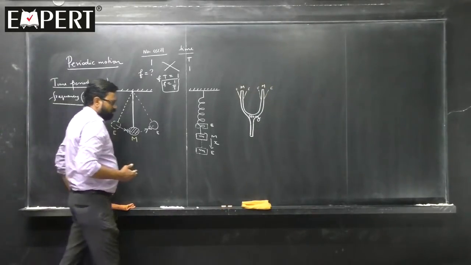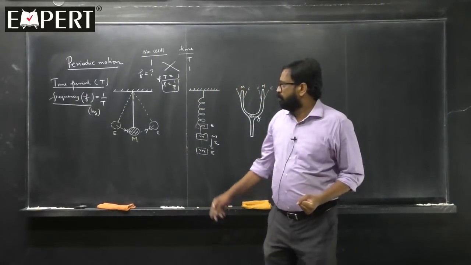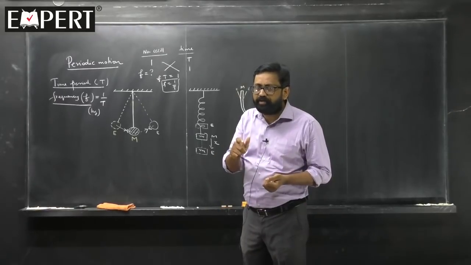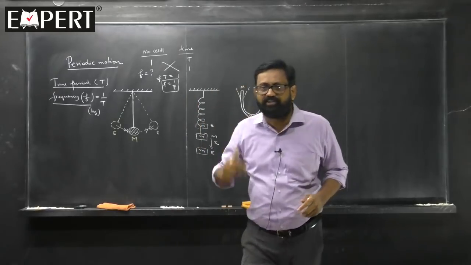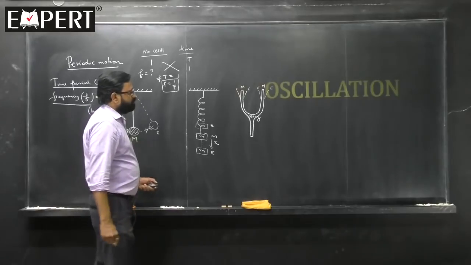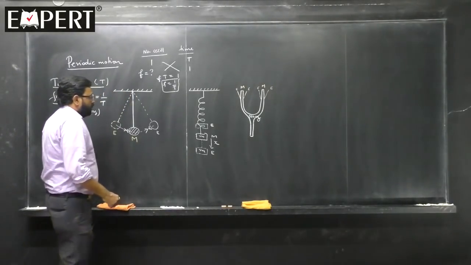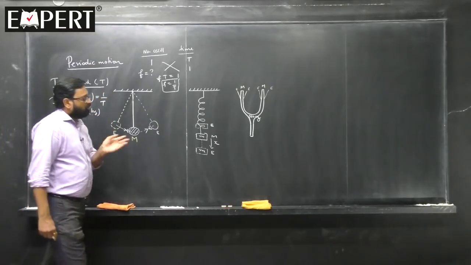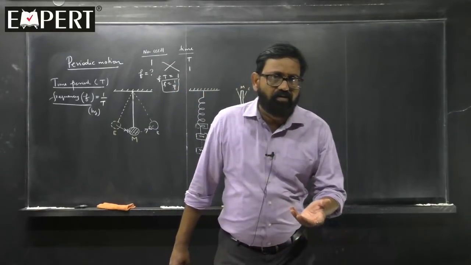What do you mean by oscillation? Very simple. If you refer to the examples which I quoted, around 6 to 7 examples, not all of them are oscillation. I said the topic of discussion is oscillation or oscillatory motion. To call any motion an oscillation or oscillatory motion, I can define it like this.